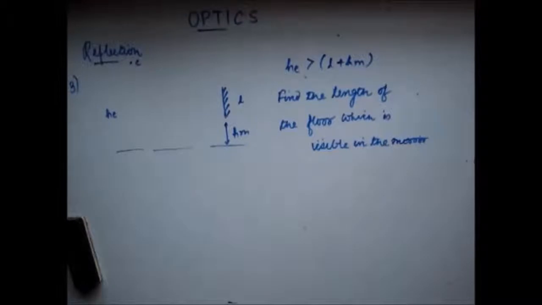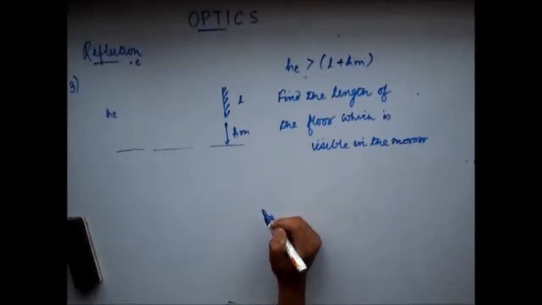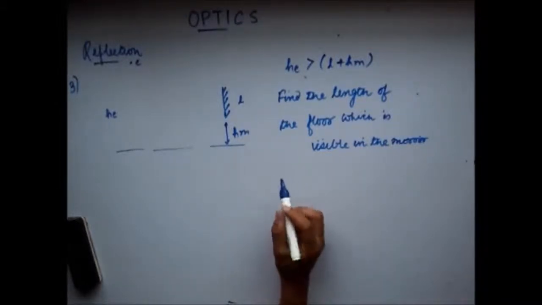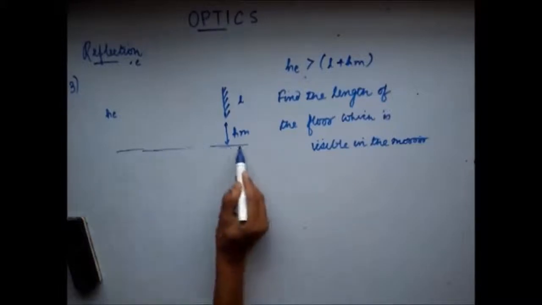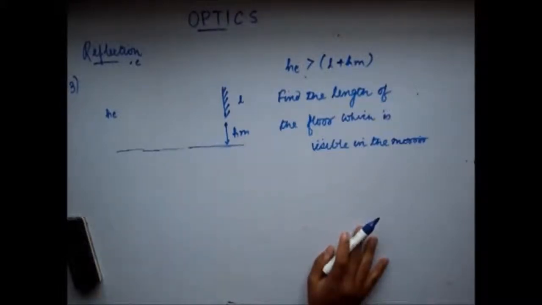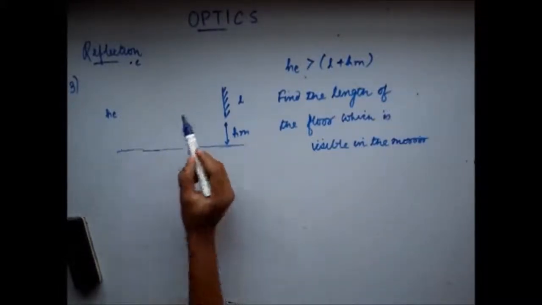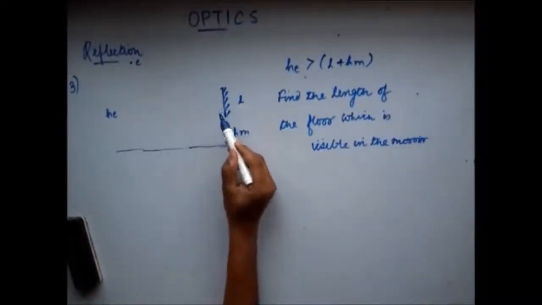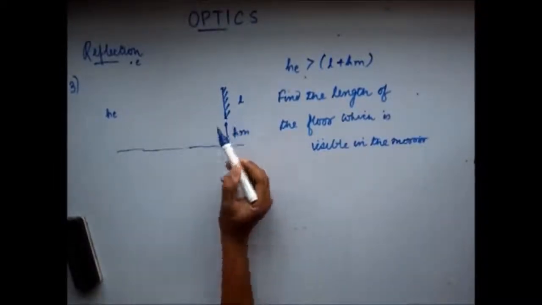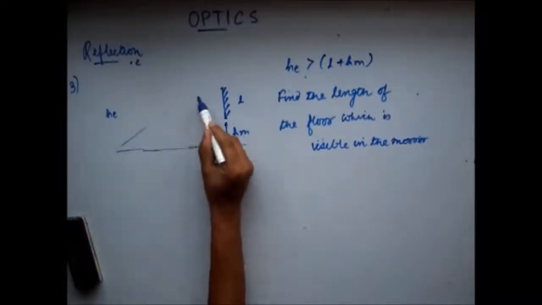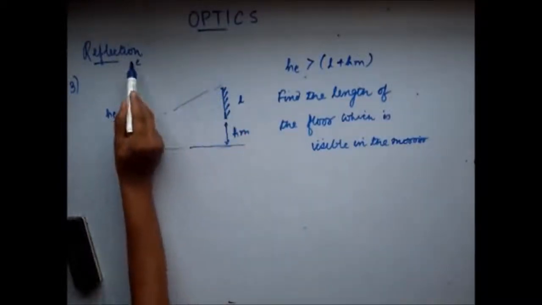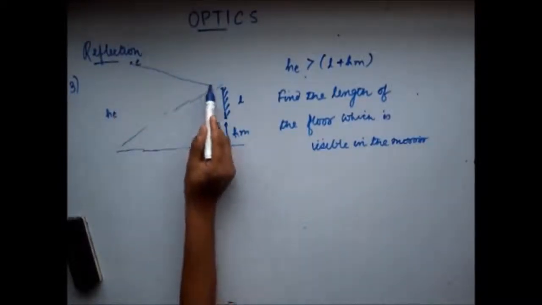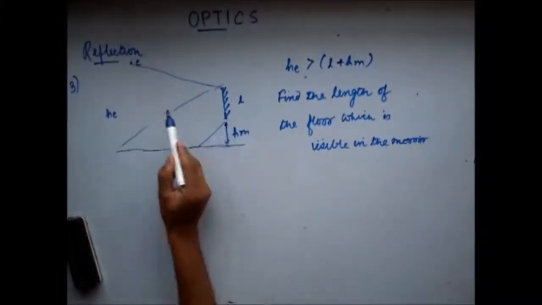A hint to this question is that you need to consider the concept of field of view, which I had discussed, and that means you need to take the extreme rays which get reflected from these 2 points. So one ray will be like this and the other ray will be like this.